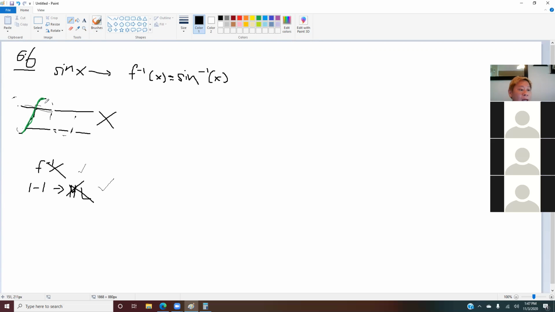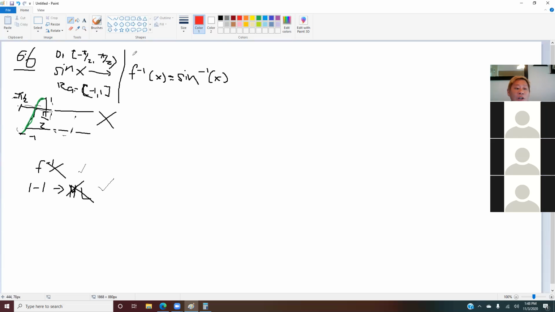Looking at the whole sine function that I drew, this is pi over 2 and this is negative pi over 2. If you restrict the domain from negative pi over 2 to pi over 2, and your range is from negative 1 to 1, then it has its inverse function.